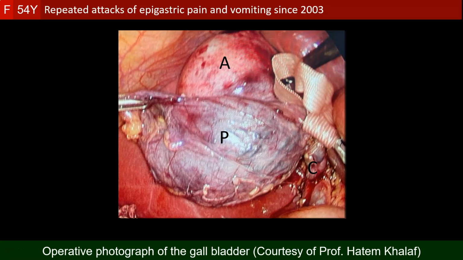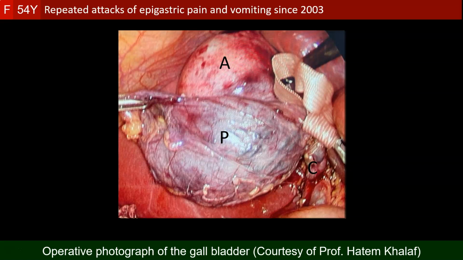So the patient has been operated upon, and this is a photograph during the operation of the gallbladder and the cyst related to it. The structure A is the gallbladder, and the structure B, you notice that it has a different color, and for the surgeon's eye this different color means that the structure B is devoid of its muscle coat, of its muscle layer, and that's the reason why its color is different.